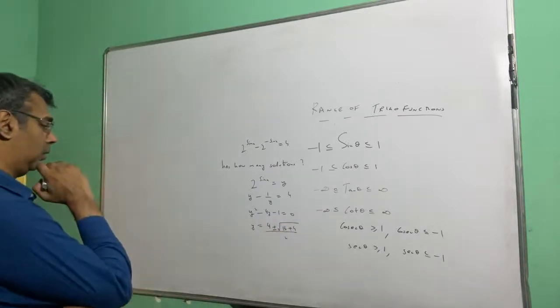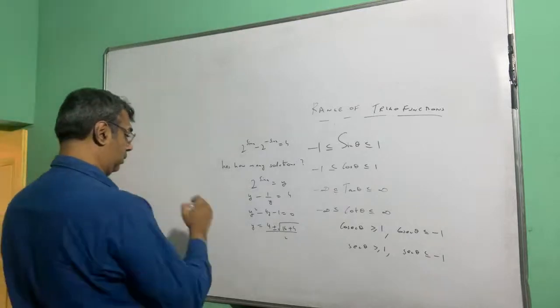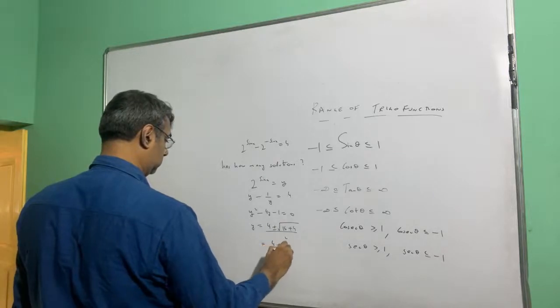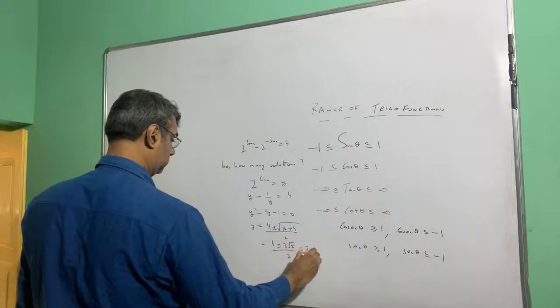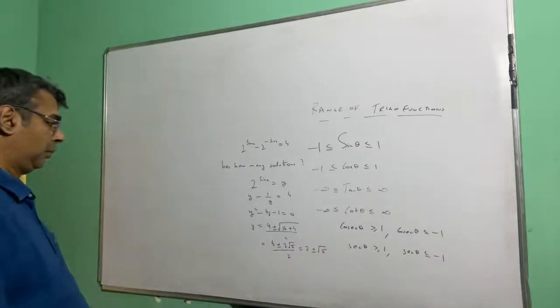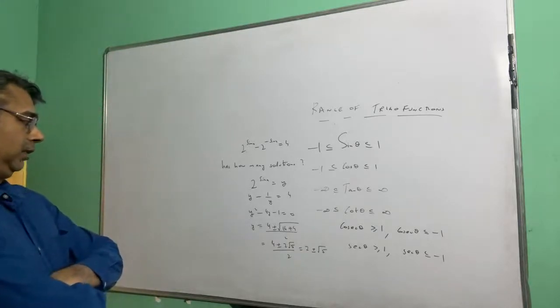So y is 4 plus minus root over 16 plus 4 by 2. So y is equal to 2 plus minus root 5.